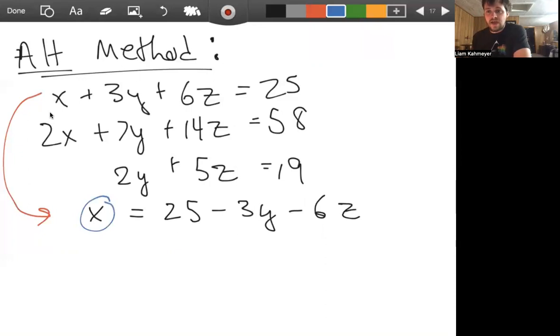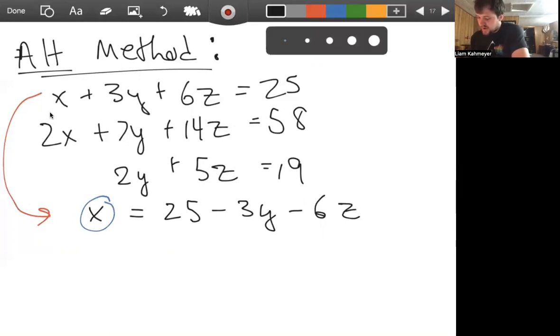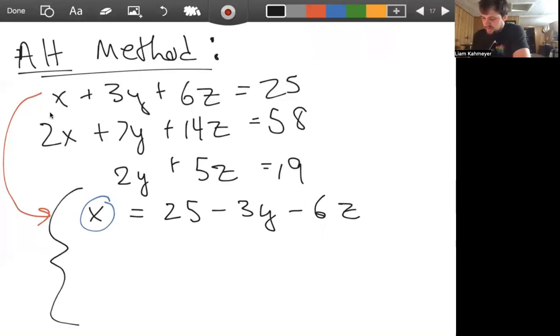Anywhere we see an x in the other equations, we can replace that x now as a function of y and z. And so, if you would like to keep track of where we're at with our system, we've rewritten equation 1, right? And now we're going to substitute x in as 25 minus 3y minus 6z.